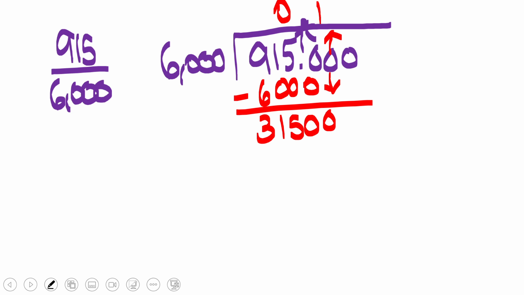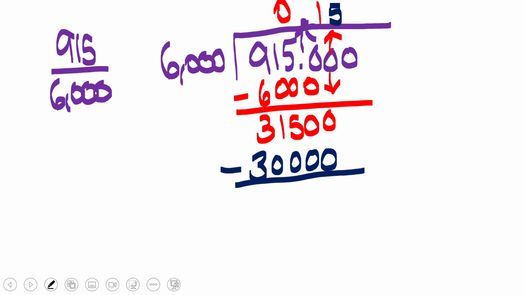Okay, step out for your strategy. 6 fits into 31 about 5 times in the regular multiplication chart, the old-fashioned multiplication chart. So maybe 6,000 fits into 31,500 5 times. And it does. 5 times 6 is 30 with 3 zeros after it.